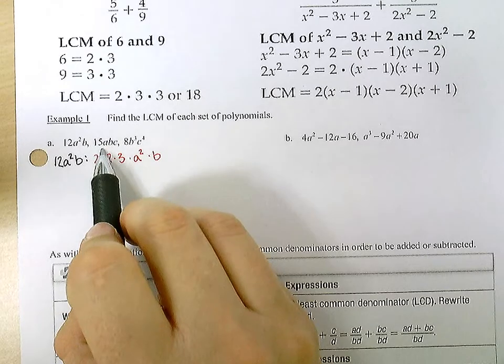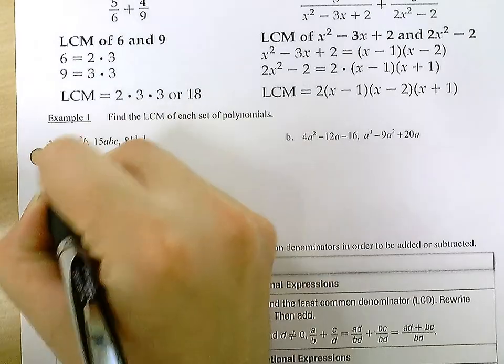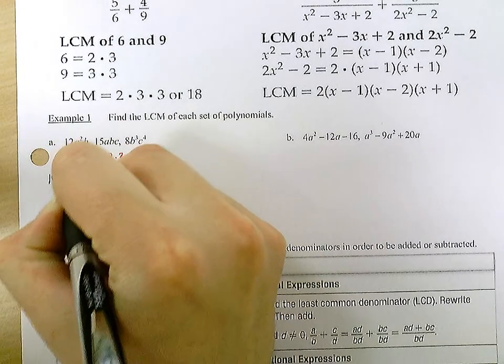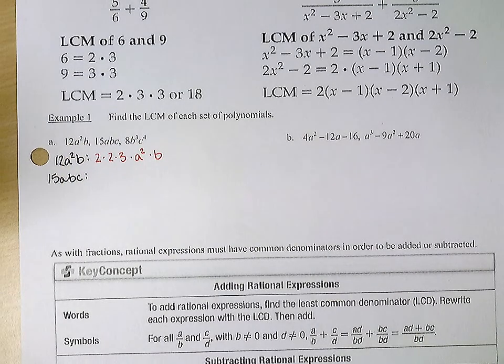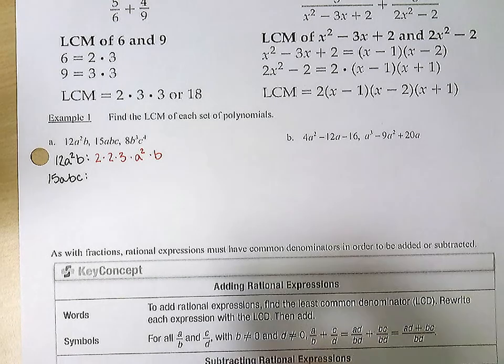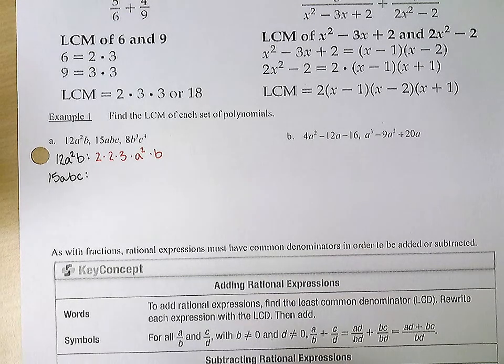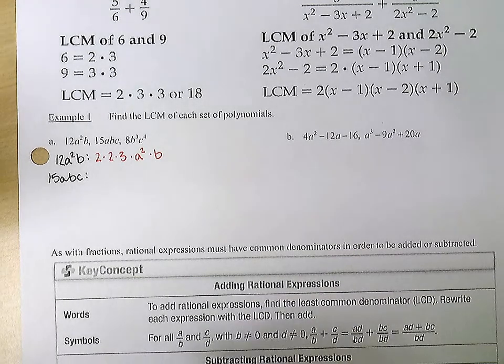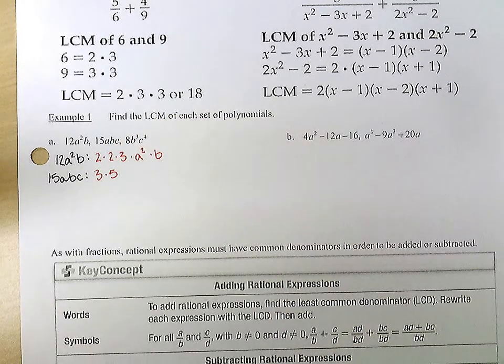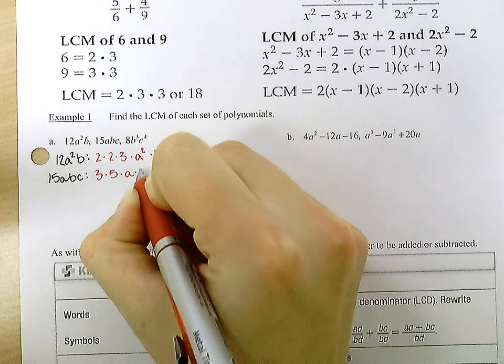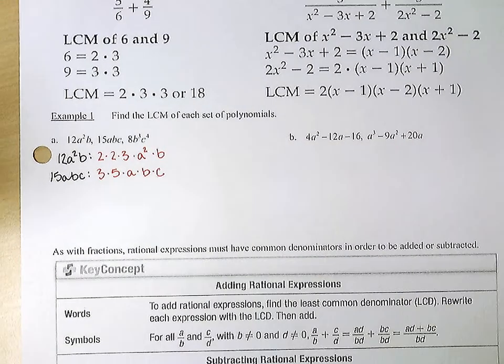Next term is 15abc. Factors of 15 are 3 and 5. And then again, I need to include my variables.